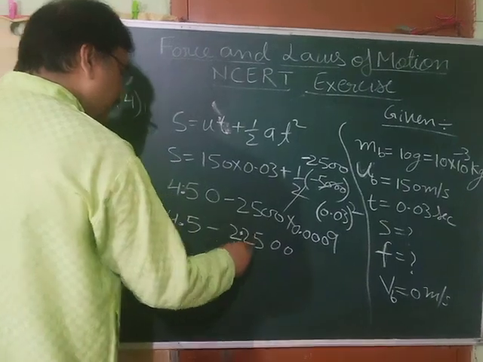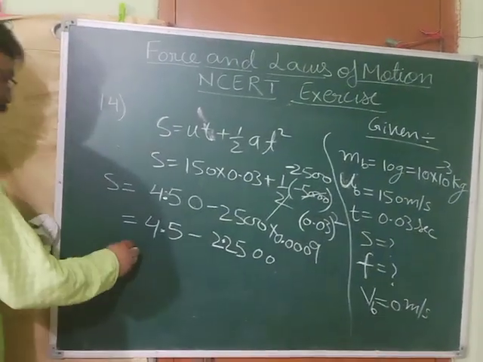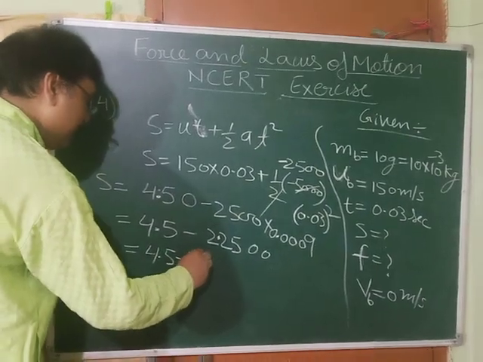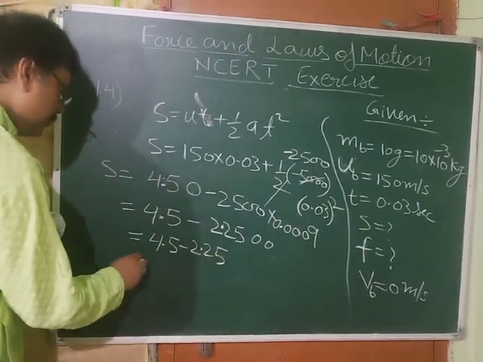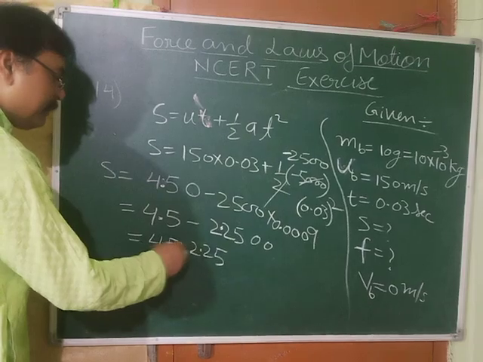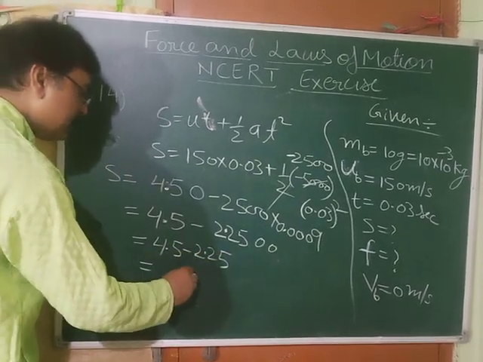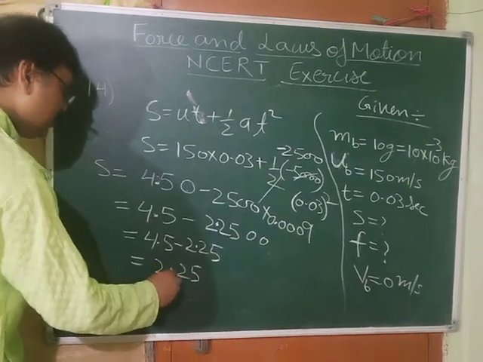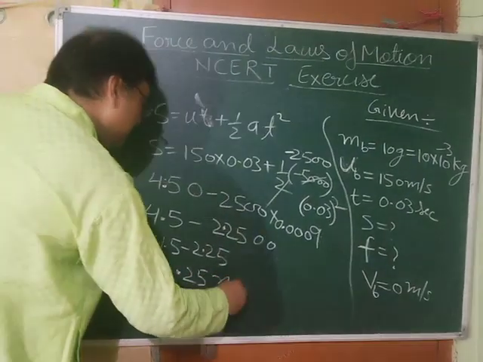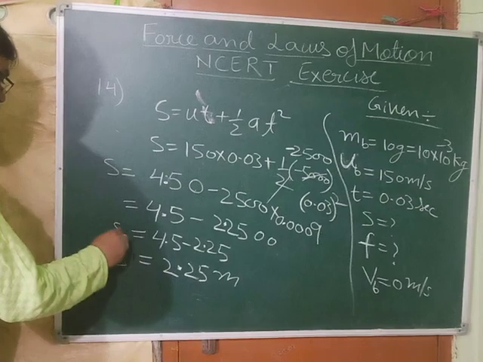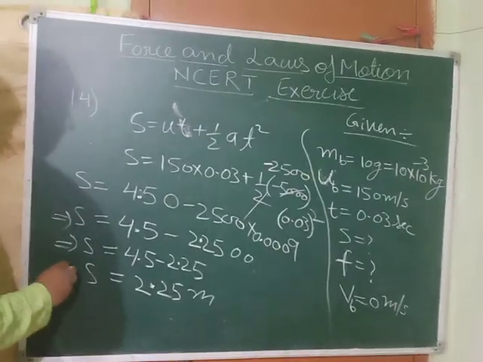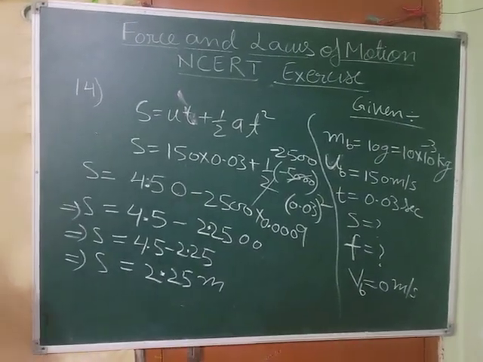So what you are getting? 2.25. So it is 4.5 minus 2.25. 5 minus 2.25 is 0.25, hence 4 minus 2 is 2. So 2.25 meter. That is your distance traveled. You got the distance traveled, 2.25 meter.